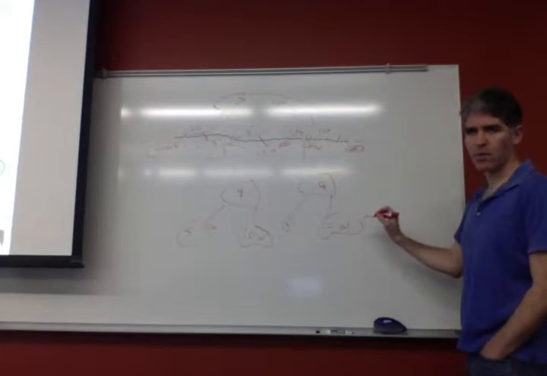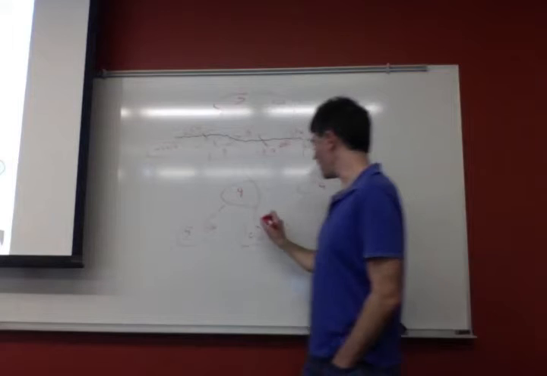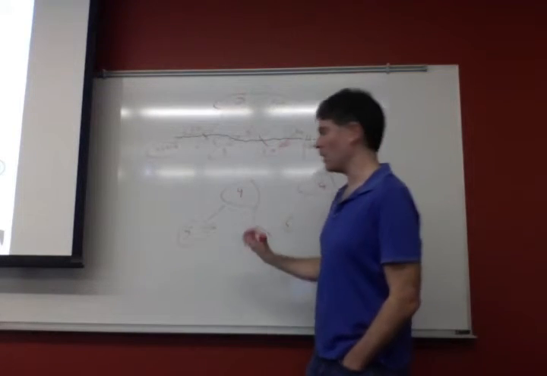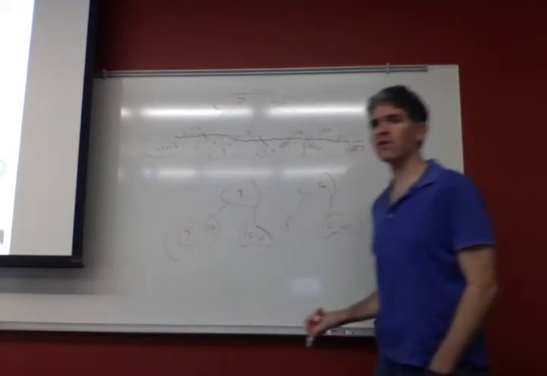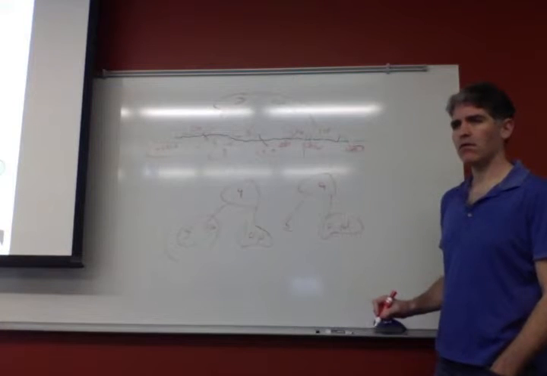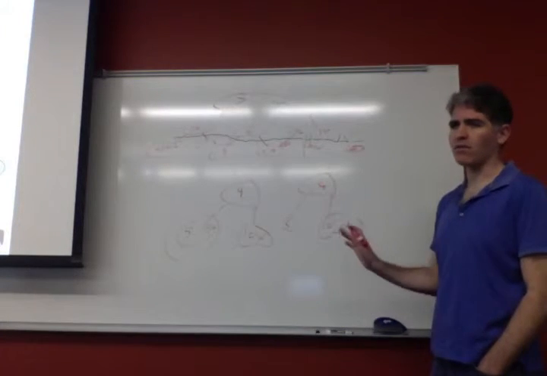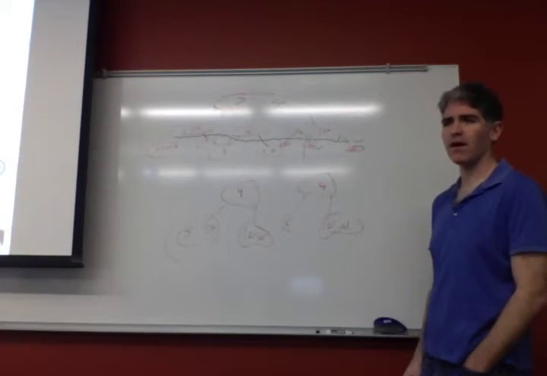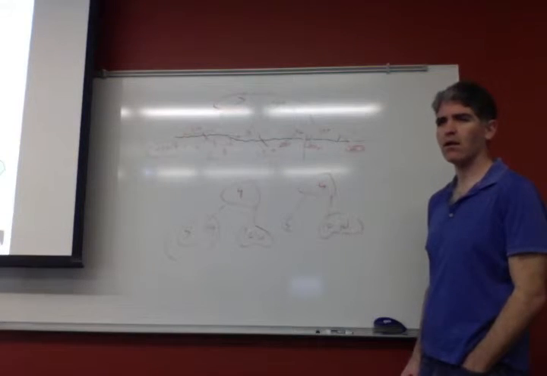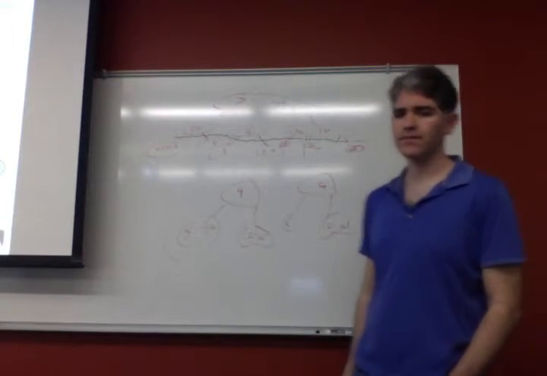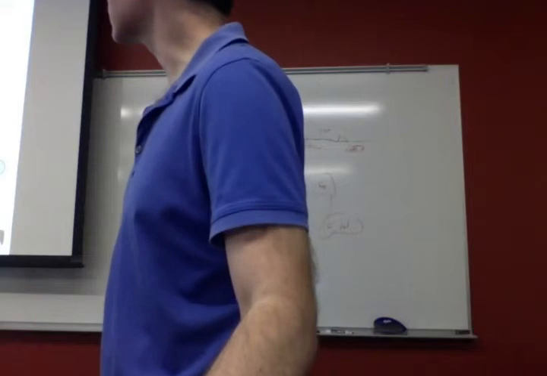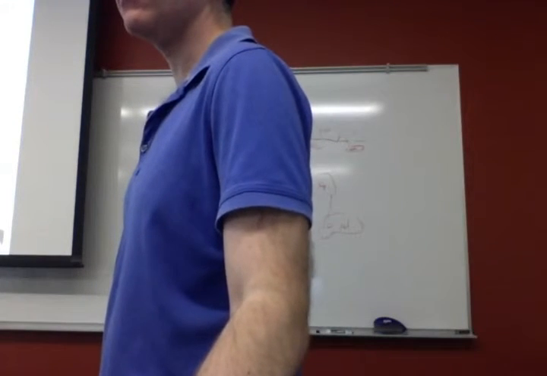What I wanted to hit home with this example is that if you're not next to a 3 node, it really doesn't matter what your other sibling is. It can be whatever you want it to be. It doesn't really have any impact on it. Any questions about that?